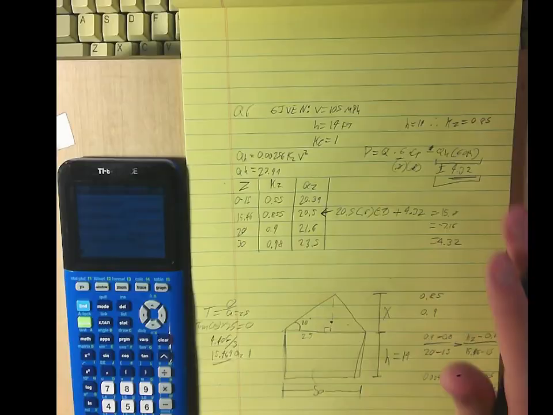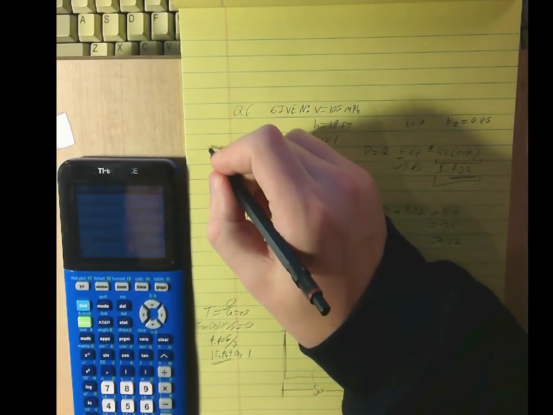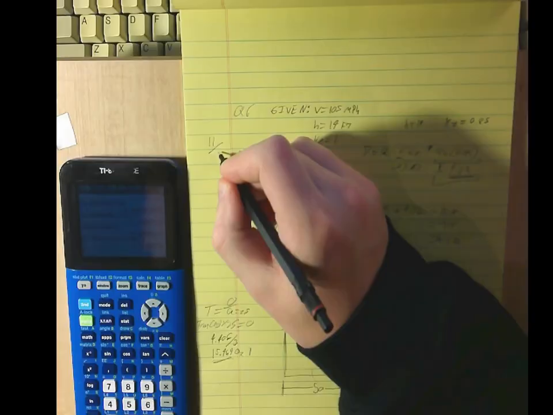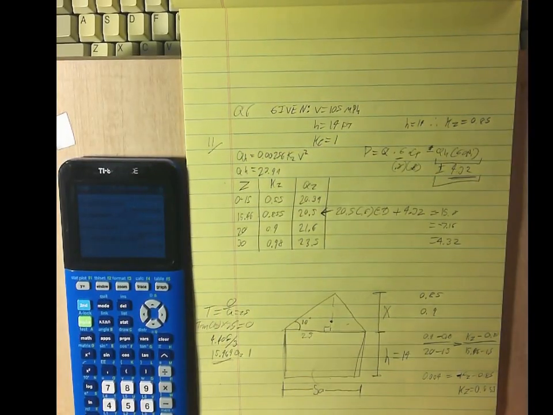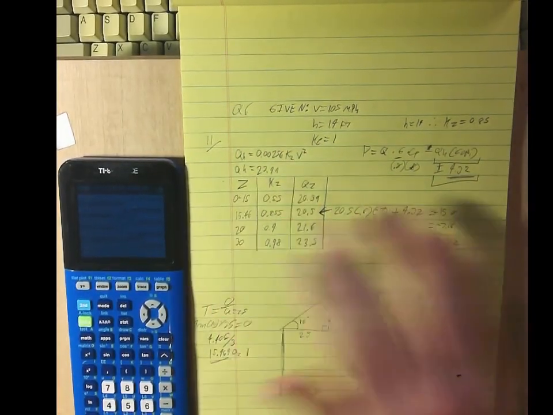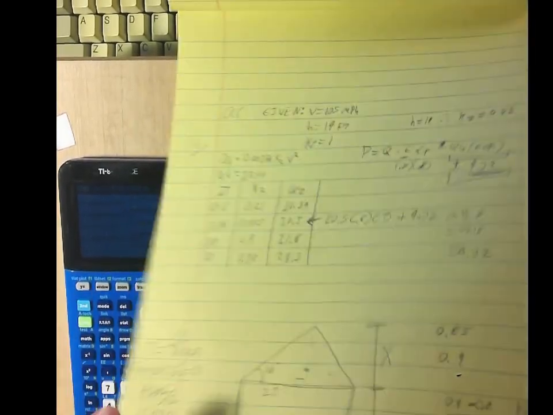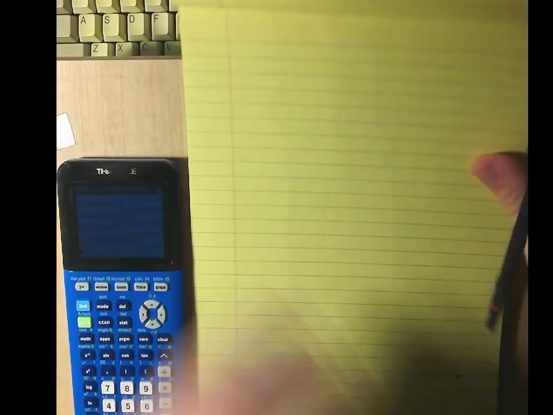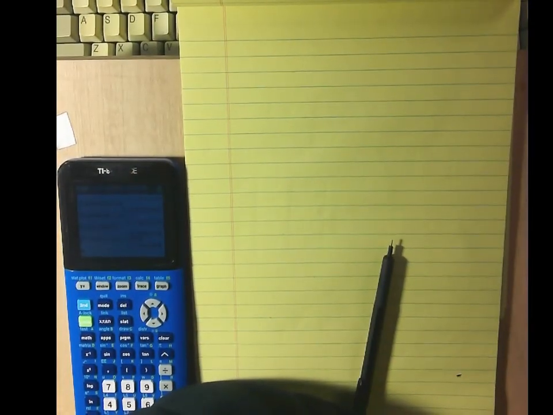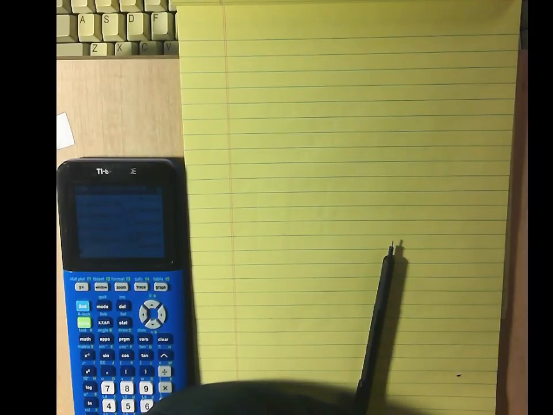Still, it's pretty close. I'm going to give this one a straight face. I might have linearly interpolated wrong. Maybe I needed to take it to the middle of the roof, not to the third of the roof.